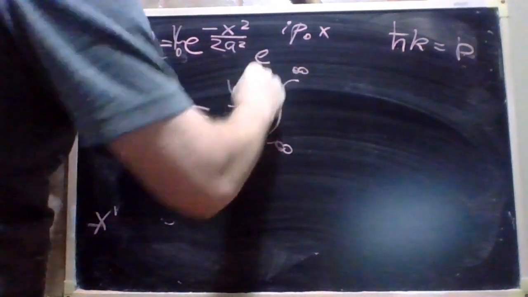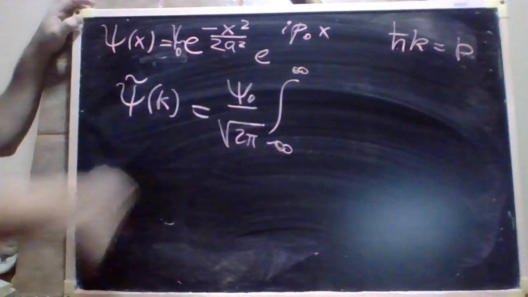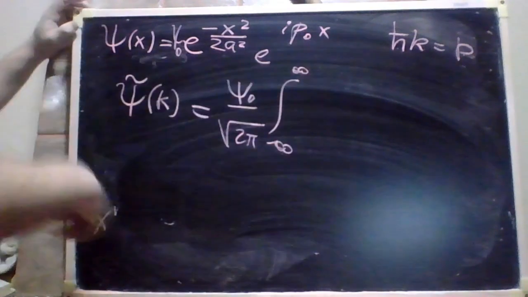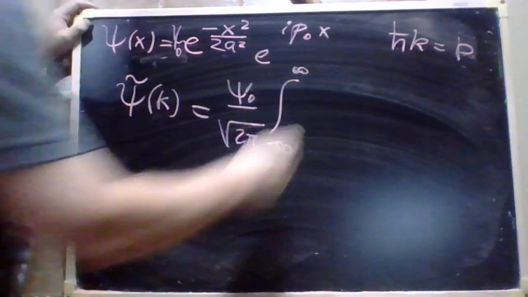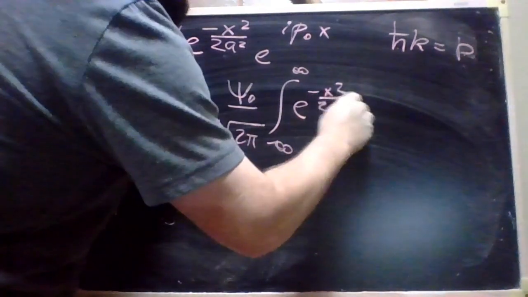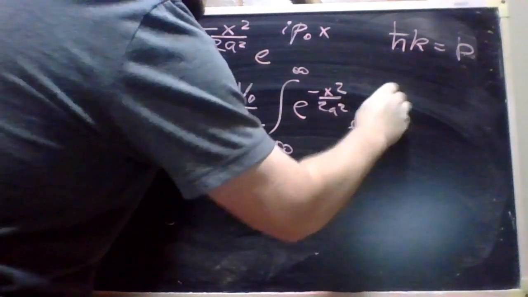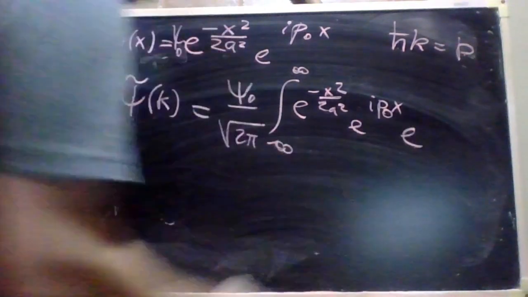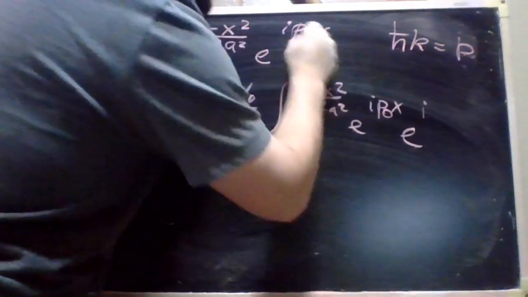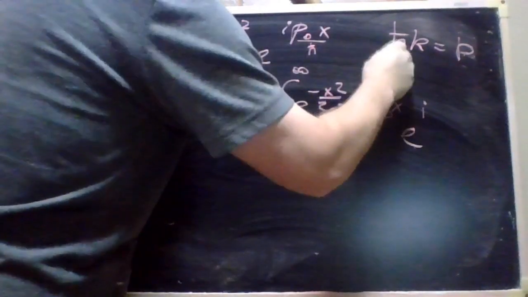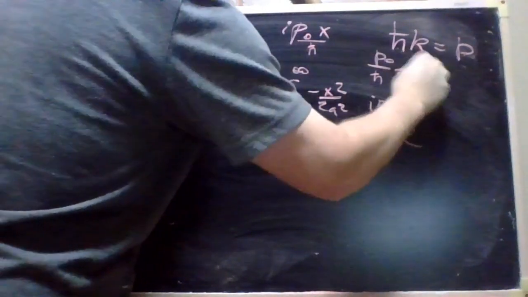Psi 0 is just a constant here, so it can be put in front of all that, and you find e to the minus x squared over 2a squared times e to the i p0 x divided by h bar here. So you can say p0 over h bar is k0 here.